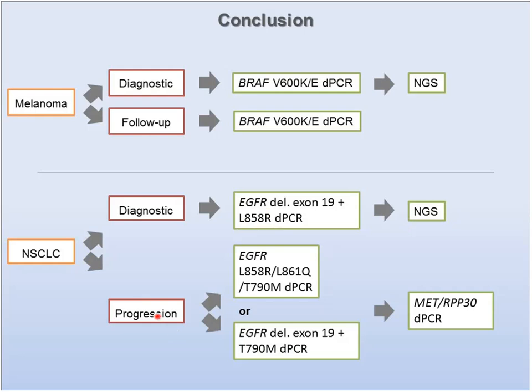And for the progression, we have two possibilities depending on the initial activating mutation. So either the L858R mutation, L861Q mutation, or the deletion in combination with the resistance mutation.